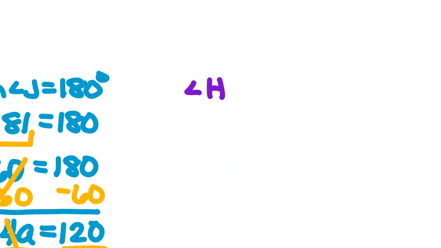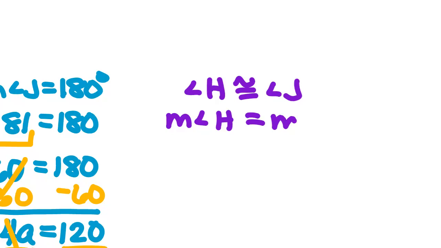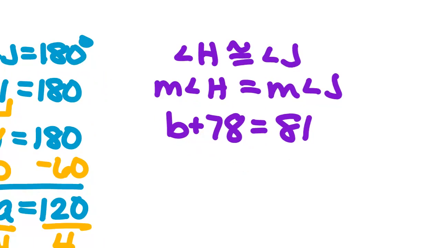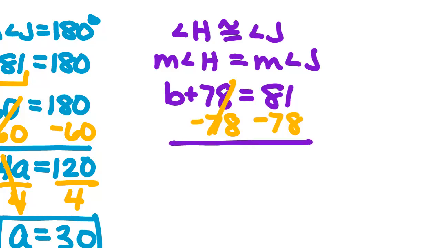So angle H is congruent to angle J. That means the measurement of angle H is equal to the measurement of angle J. Angle H is B plus 78. Angle J is 81. So to get B all by itself, I need to subtract 78 from both sides. And that means that B is 3.